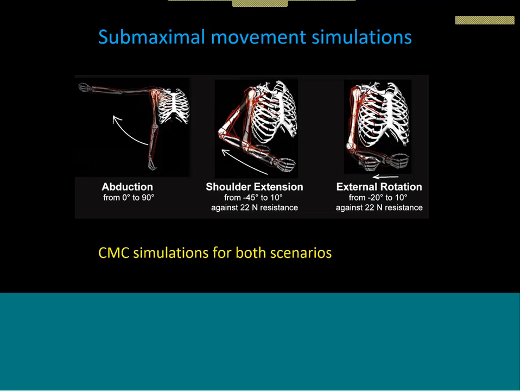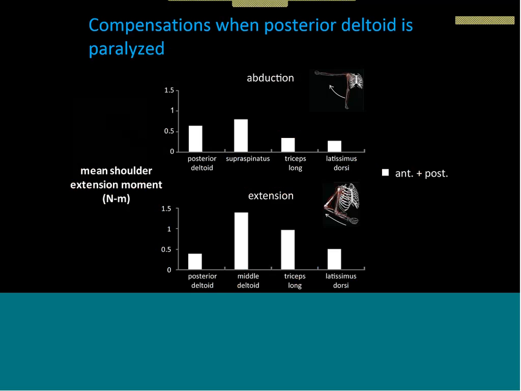So we looked at three submaximal movements: abduction, shoulder extension, and external rotation. This is often performed in the clinic as well. And we looked at the shoulder moments that are produced when posterior deltoid is present and when it is absent. So this is just a snapshot of one example of abduction and extension motions.